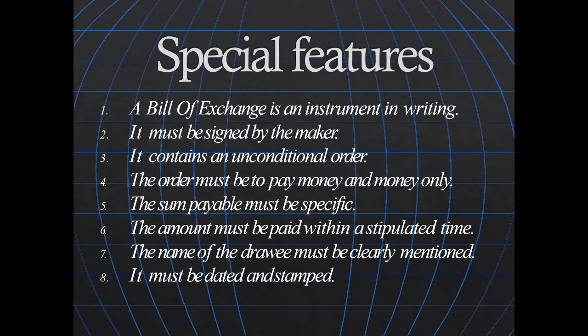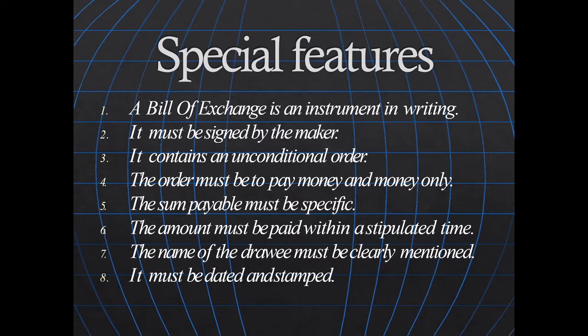Next, features of the bill. It is a written document signed by the maker and having an unconditional order to pay money, and money only. It has to be directed to pay money only, not anything other than money. And it should be specific, the amount should be specific, and the time period should be there.